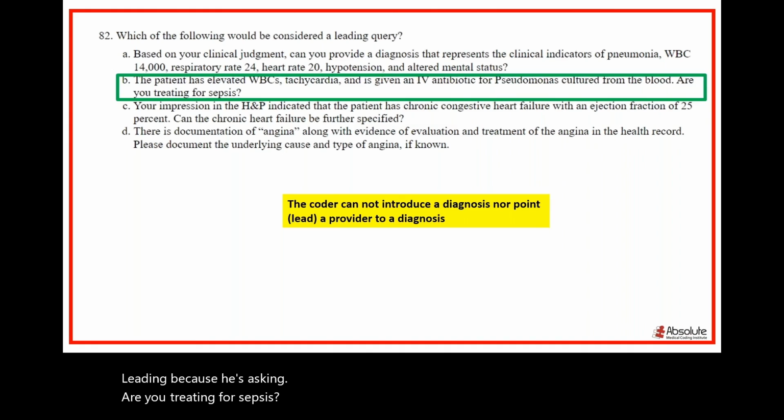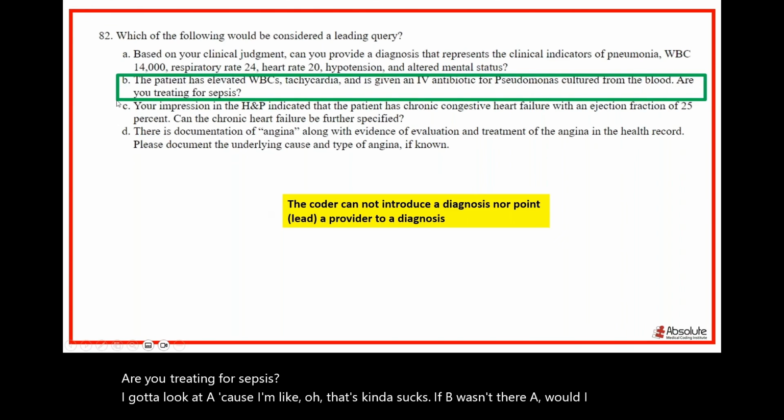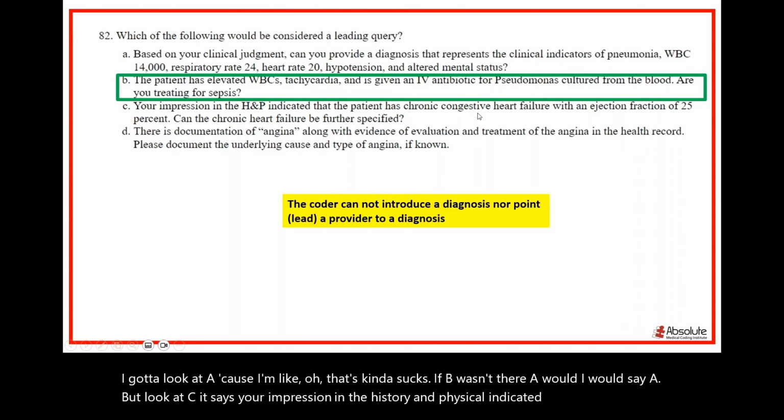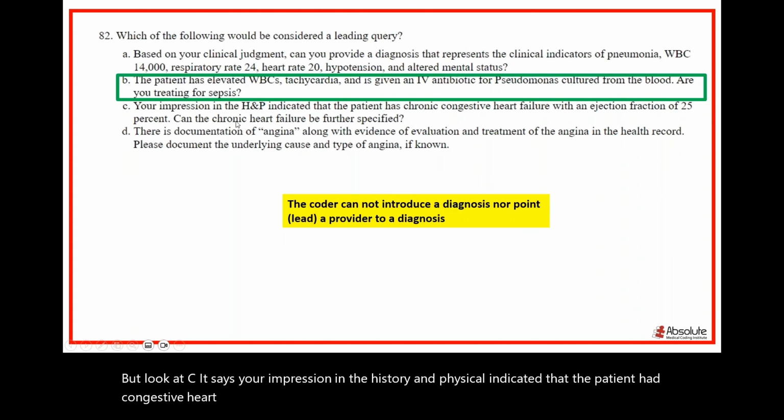Hmm. I gotta look at A because I'm like, oh, that's kind of sus. If B wasn't there, I would say A. But look at C. It says your impression in the history and physical indicated that the patient had congestive heart failure, right? Can the congestive heart failure be further specified?